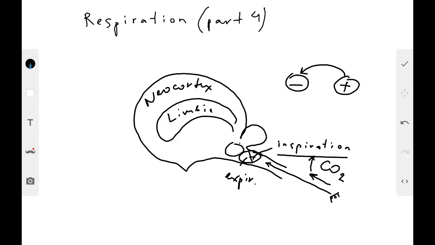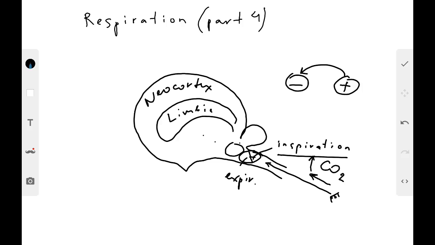A person may stop breathing voluntarily. It's the function of the neocortex. So it is included in the respiration center in wide sense. And also the spinal cord has neurons which may control respiration. So in almost every part of the CNS we may find neurons which may be included in the respiration center in wide sense.